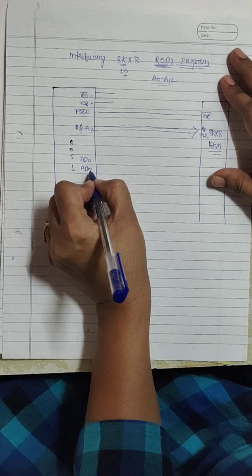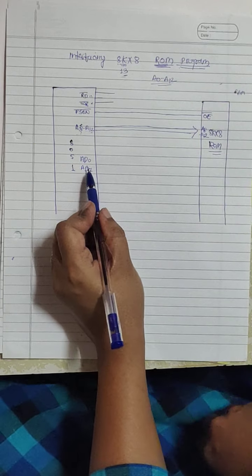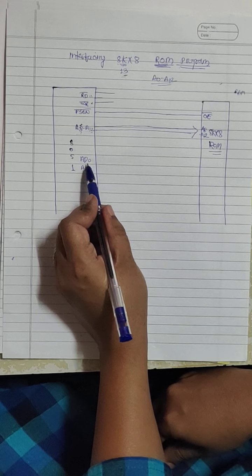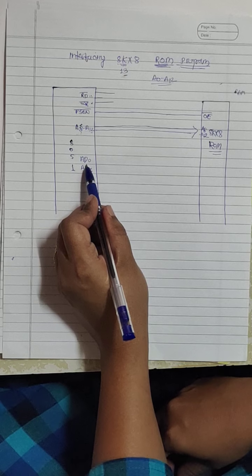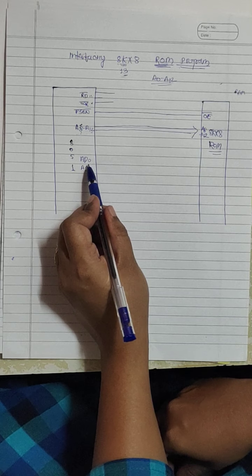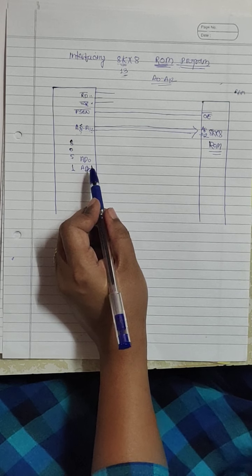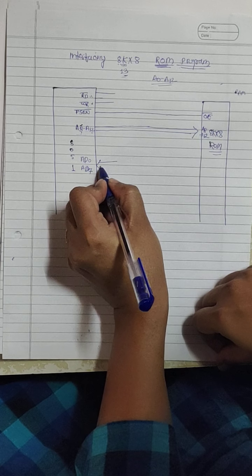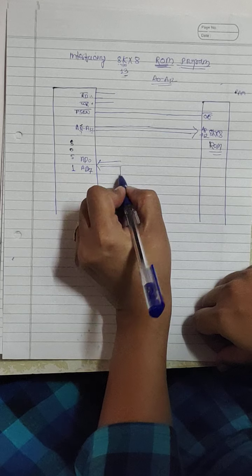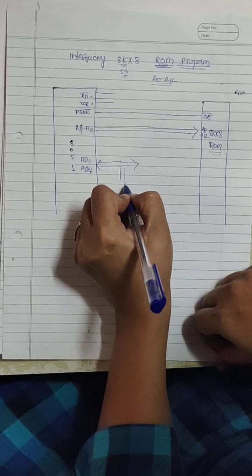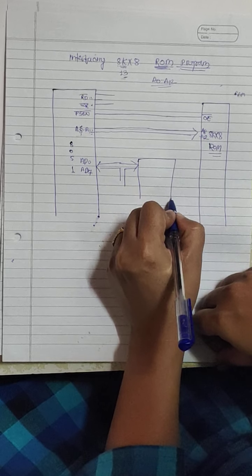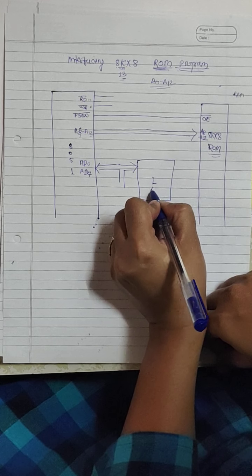This is available in the form of the AD bus, that is the address-data bus, which is used in time multiplexing mode. So we have to separate out the address and data externally by using the latch.